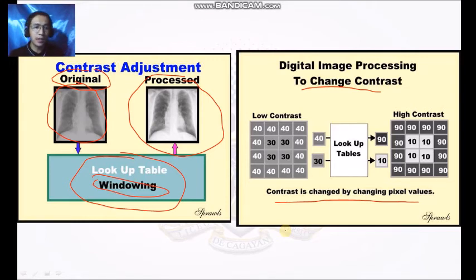These pixels contain different values, and these values are a representation of the intensity that they received from the PSP, and in turn, the PSP gets its signal from the signal that was received from the X-ray beam.